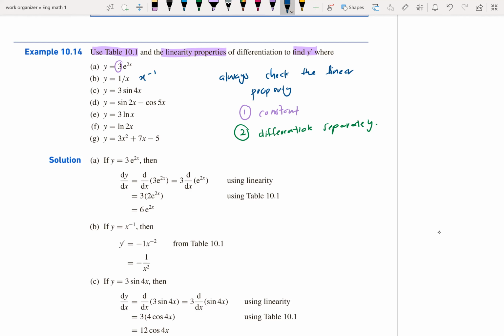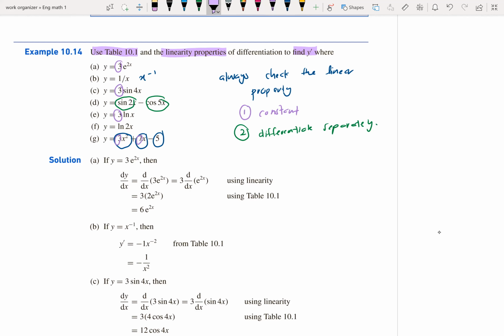And then for 3, this is a constant. And this one, we can differentiate separately. Then don't forget there is a constant in each term.